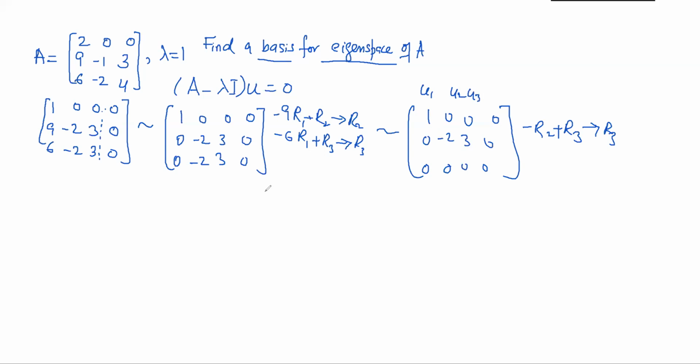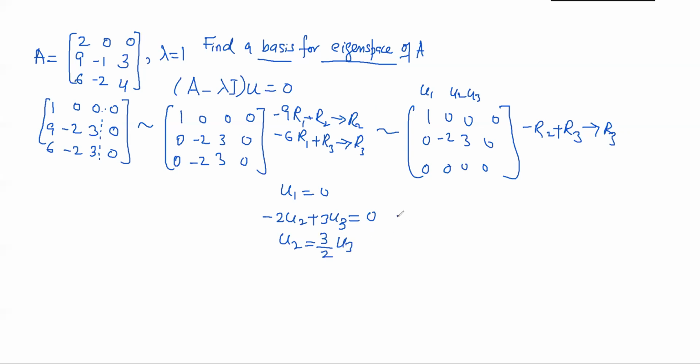From the first equation, I get U1 is equal to 0. From the second equation, I get minus 2U2 plus 3U3 is equal to 0. So U2 is equal to 3 by 2 U3.